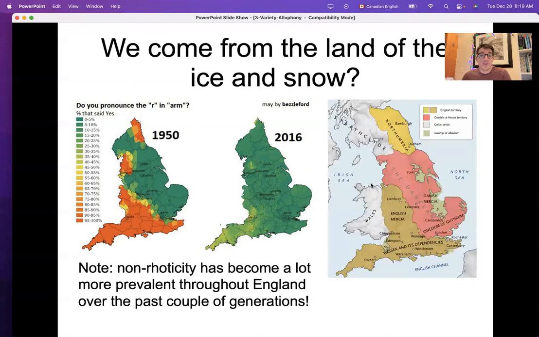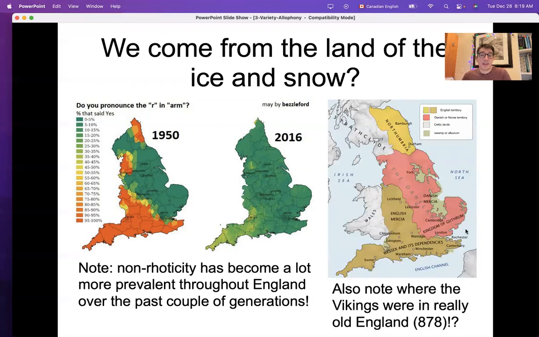The interesting pattern is that the Vikings were really settling those areas where rhotic dialects were observed. So in this part, Wessex and its dependencies, and Northumbria, the Danelaw as well, were different kinds of tribes.